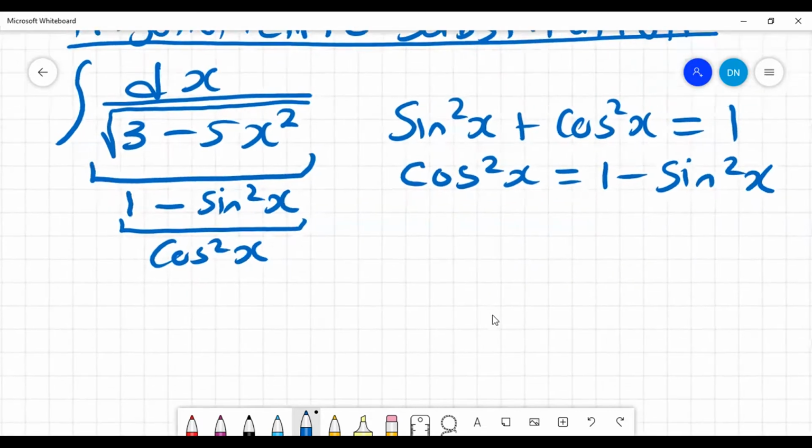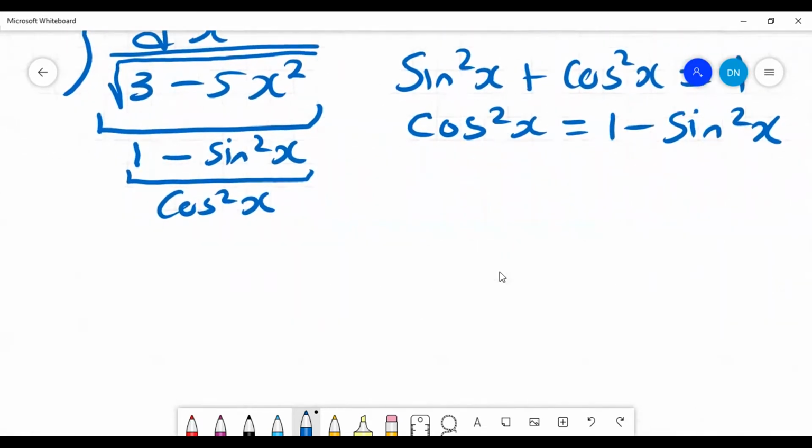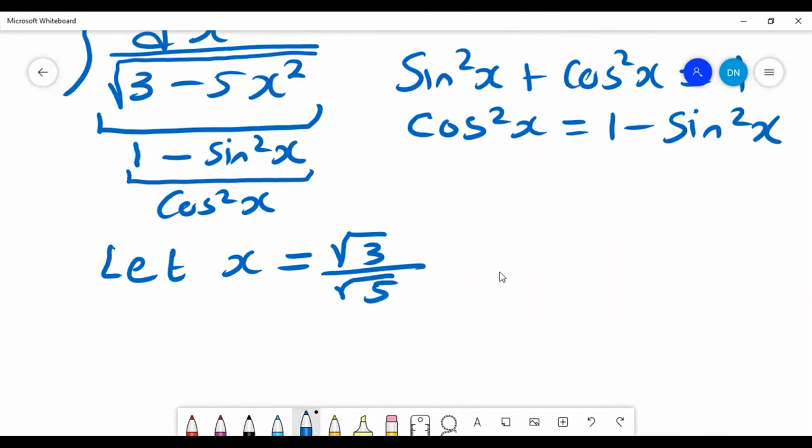And one way of doing that is by being a little bit clever in the way I select my x. So my x will be the square root of 3 all over the square root of 5 sine theta. I cannot say sine x because I'm saying let x be equal to that.